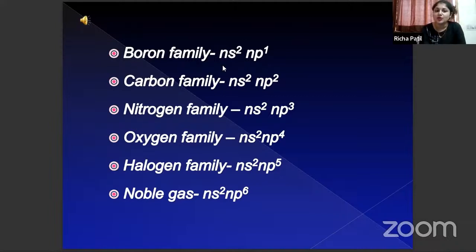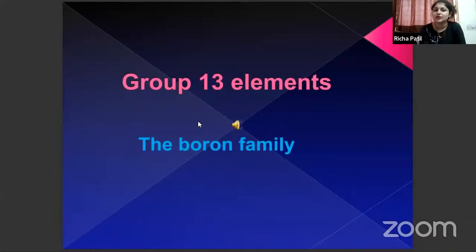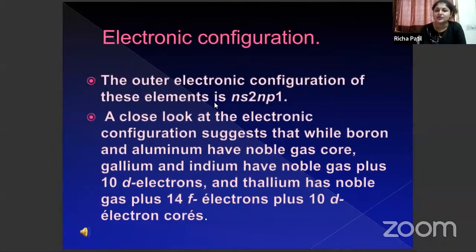So first comes the boron family. First we'll discuss the boron family, that is group 13 elements. The electronic configuration is ns2 np1. So boron and aluminium have a noble gas core.